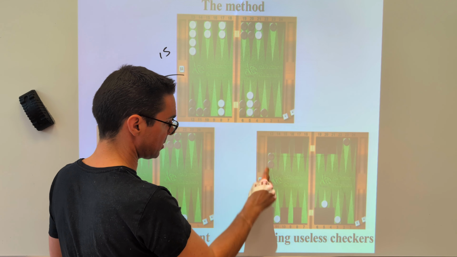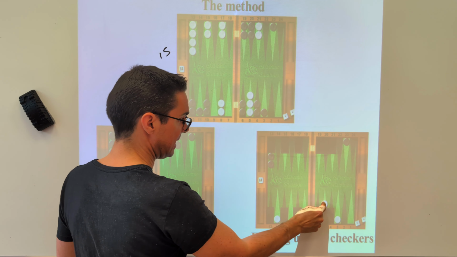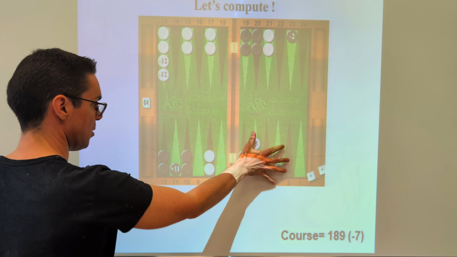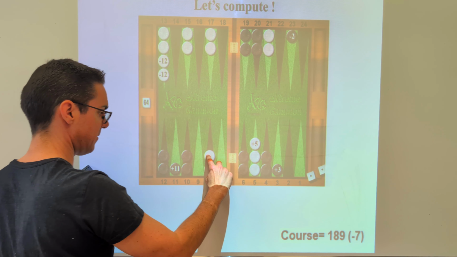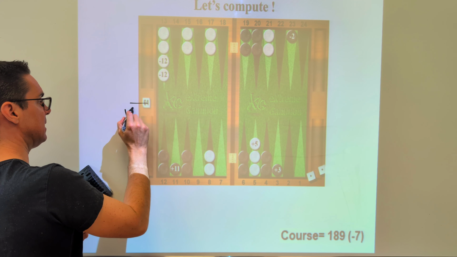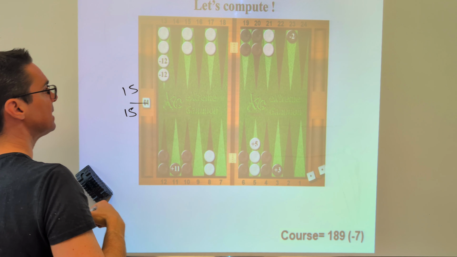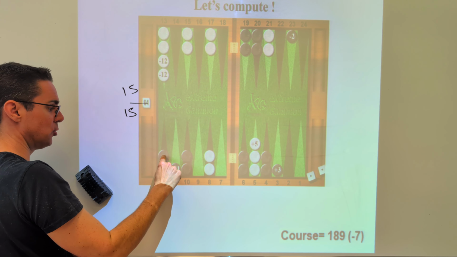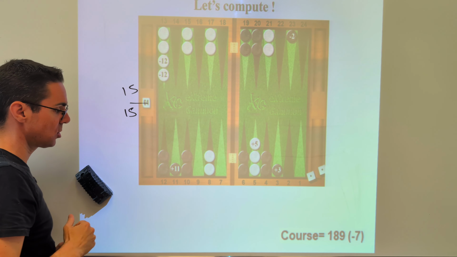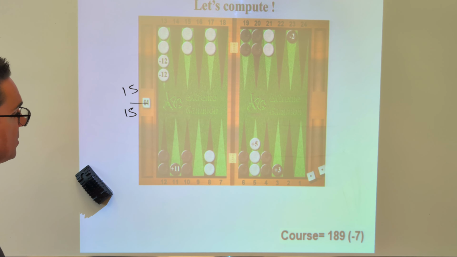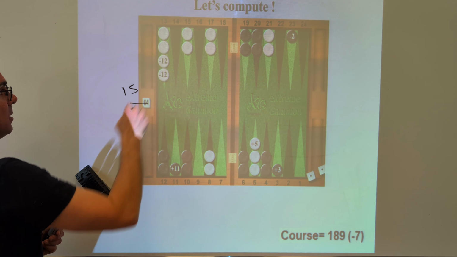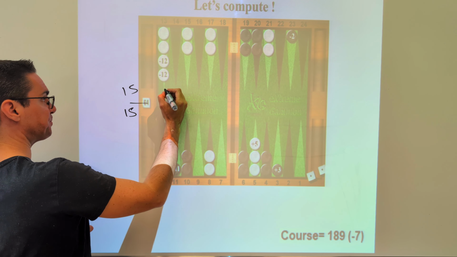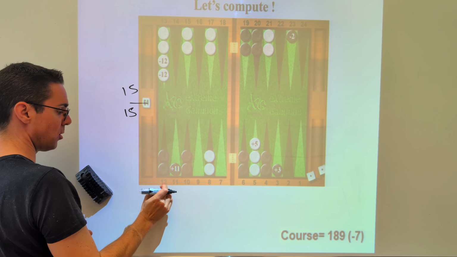You just consider the checkers in excess. You don't consider the checkers which are on the same run. Those 2 are in excess, and they are on column number 12.